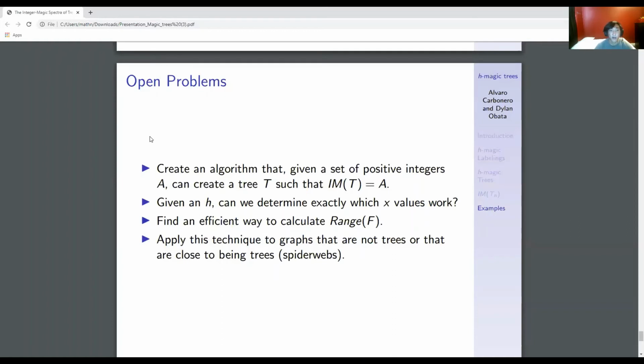Third, can you find a way to make the calculation for the range of F more efficient? And then finally, see if you can apply these techniques to graphs that are not exactly trees, but are similar, mainly the spiderweb graph.